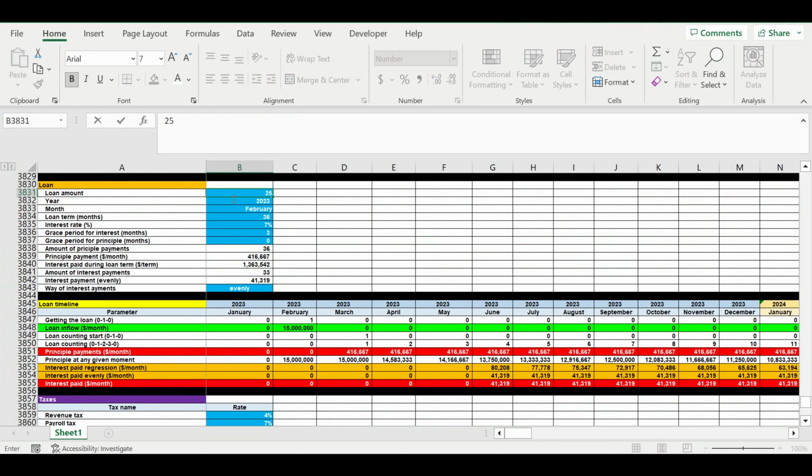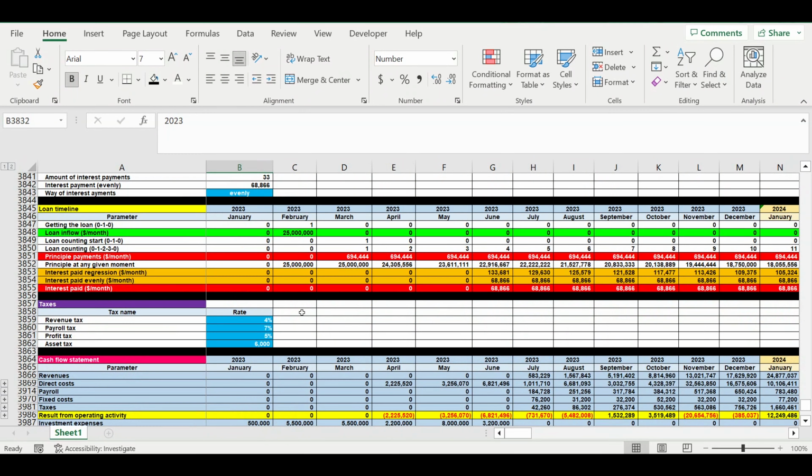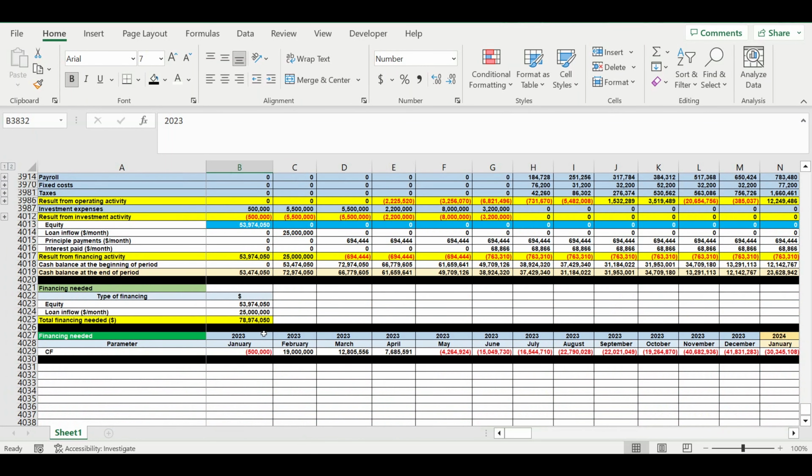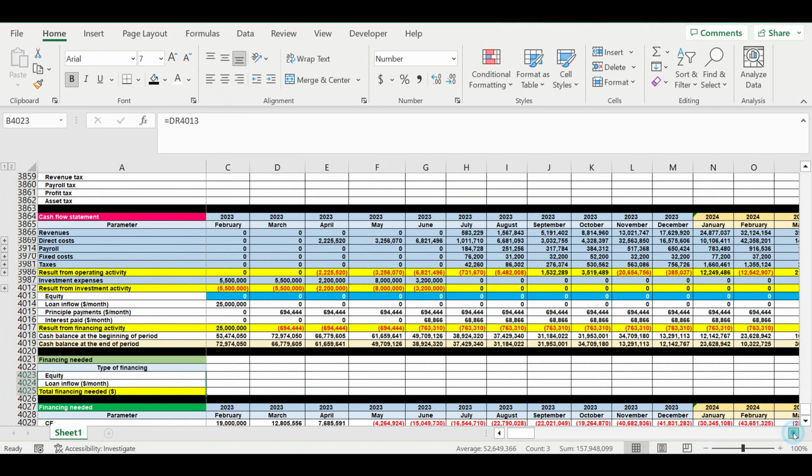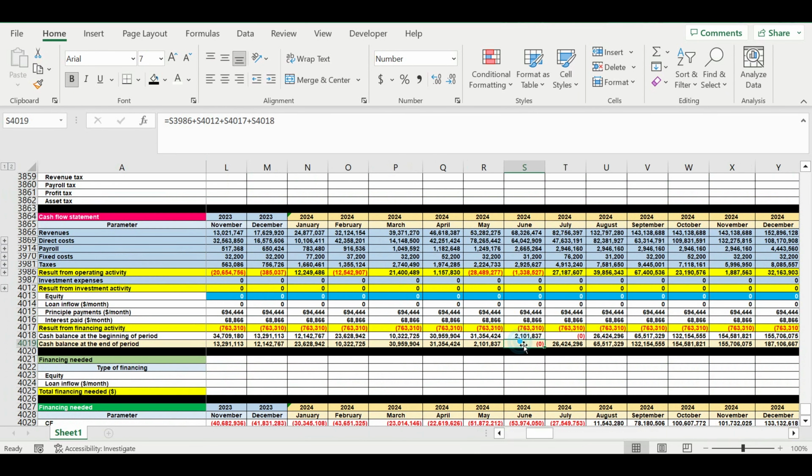For example, let's take $25 million loan. So now we can see here another ratio, but still if we go to the cash flow statement, we're able to see the mathematical zero, and since this moment the project starts generating its own cash.